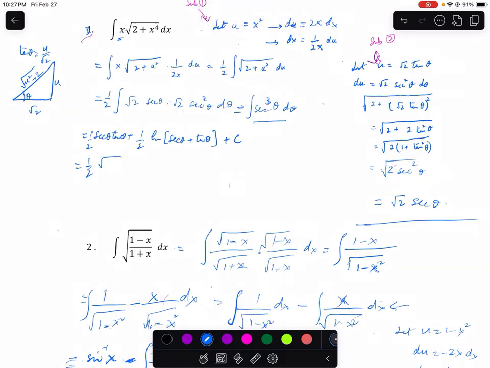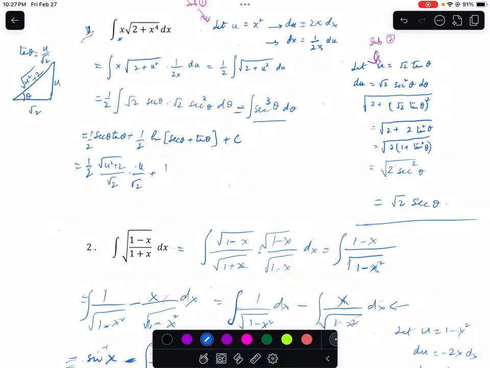So that I have square root of u square plus 2 over square root of 2, times tangent. The tangent is u over square root of 2.